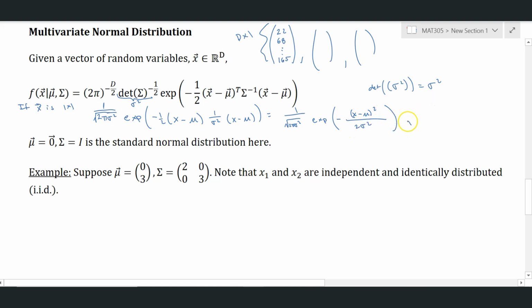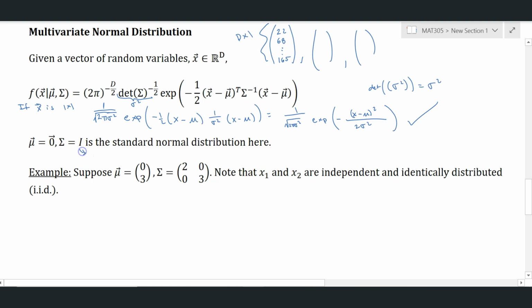And that is precisely the univariate normal distribution. Now, by the way, going back to the idea that this is going to be a d by 1, if the mu vector is a d by 1 vector of zeros and the variance-covariance matrix is the identity, then you have the standard normal distribution.